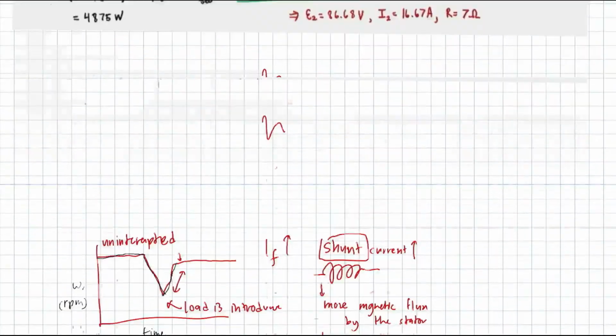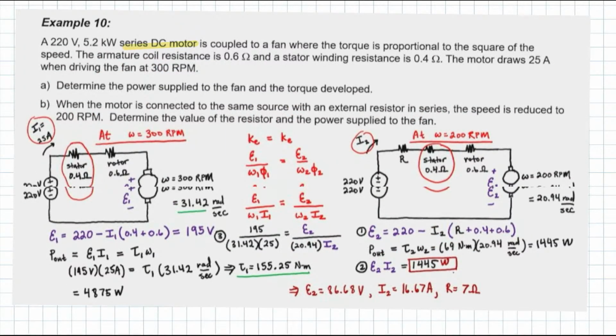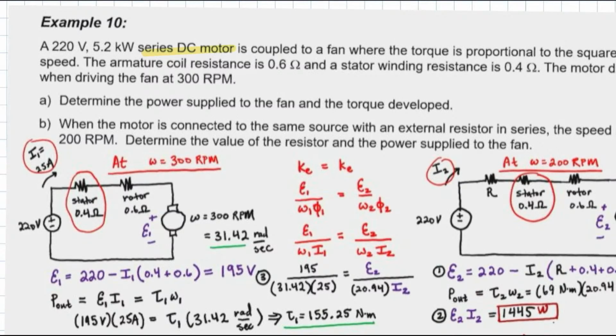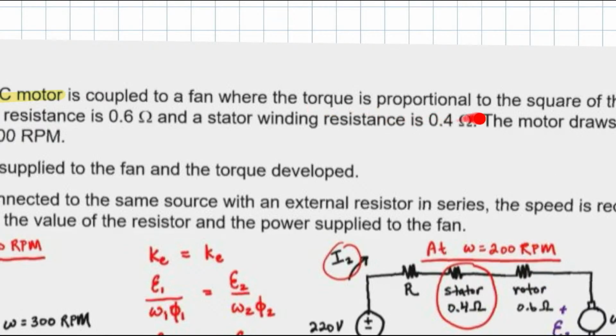Okay, so this is the last one, which is the series DC motor again, but a different use case, which is a fan. Let's look here. The torque is proportional to the square of the speed. Why do they say the torque is proportional to the square?